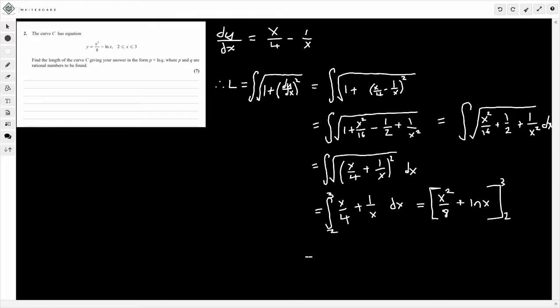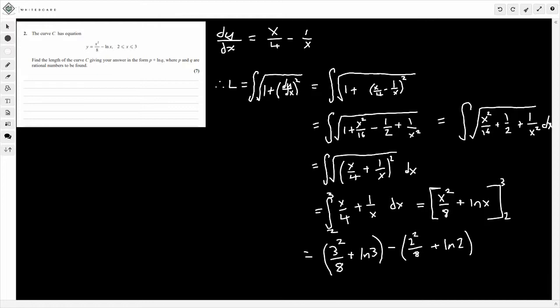So that's going to give me 3 squared over 8 plus ln 3, that's one bracket, minus 2 squared over 8 plus ln 2.